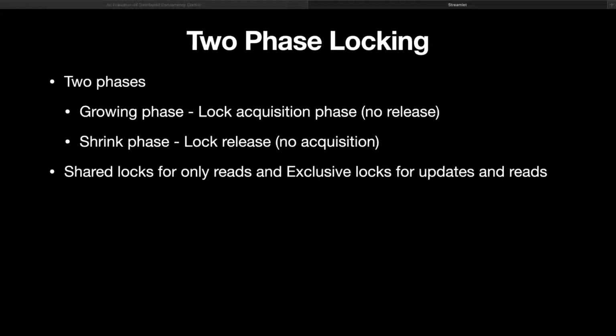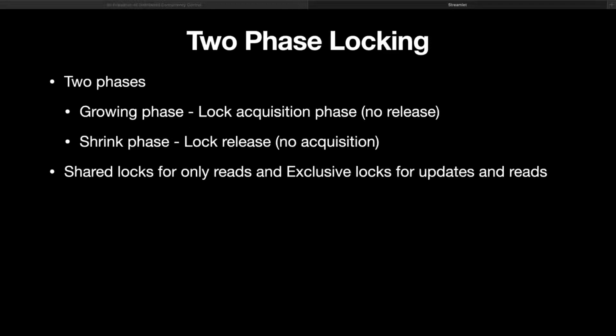Shared locks are required if you just want to read a record, and all shared locks are considered compatible with each other. This will make sense as we look at one of the protocols under two-phase locking. And exclusive locks are required when we try to do any combination of updates and reads in a transaction, and exclusive locks are considered incompatible with all the other locks, so shared locks or other exclusive locks.